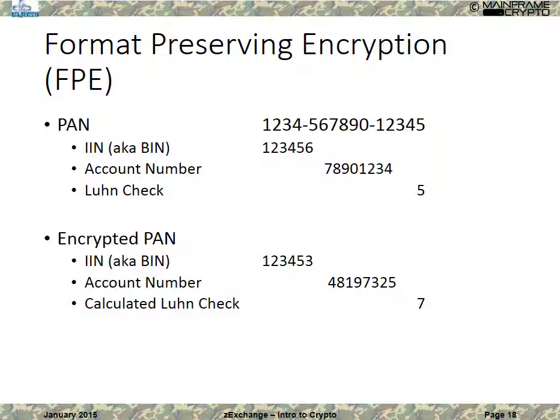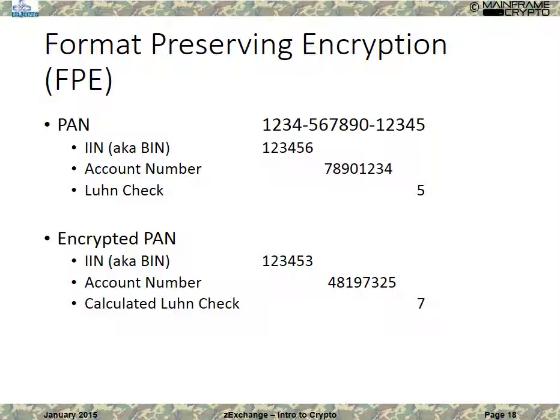So if you apply format preserving encryption to a credit card or a PAN, you can actually leave the industry or the bank field the same. The account number that actually represents the cardholder could be scrambled, could be encrypted using FPE, and then that final Luhn check could be calculated against that new encrypted value.